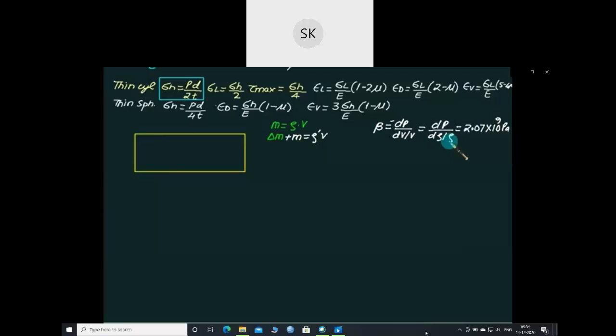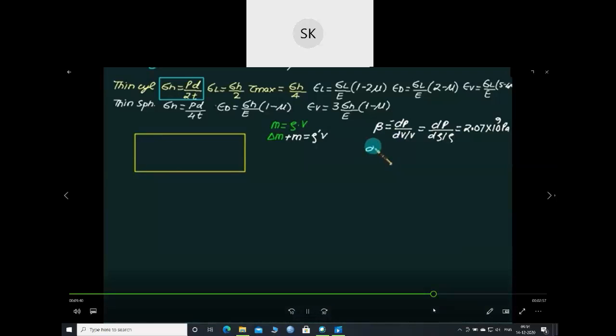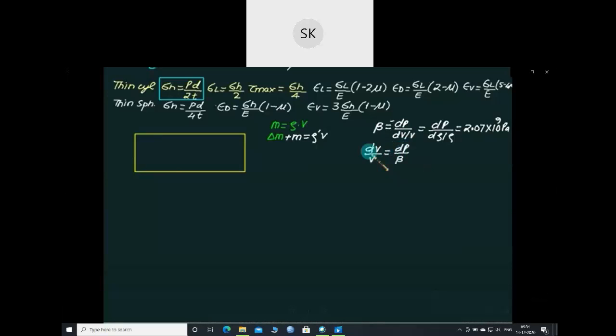Can we find out the new density as per your calculations? Temporarily I will neglect the minus sign here. Then how much extra volume I require, that I can find out. So this is dV by V equals dP by beta, and the extra volume required is dV equal to V times dP divided by beta.